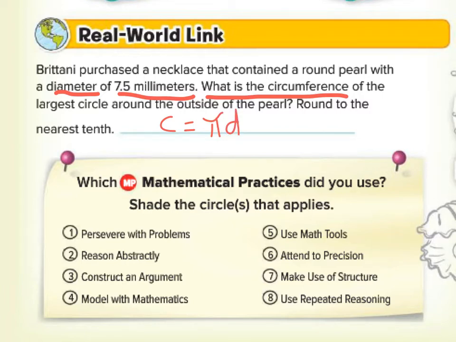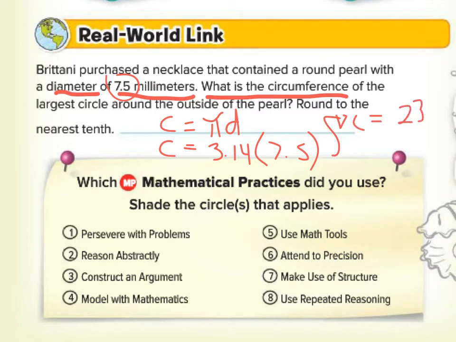So when we replace our variables, the circumference is equal to 3.14 times 7.5, and that would give me circumference equals 23.55, or if we round to the nearest tenth, 23.6, and that's millimeters.